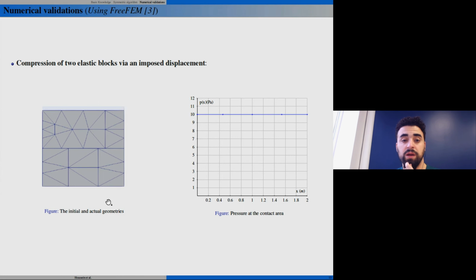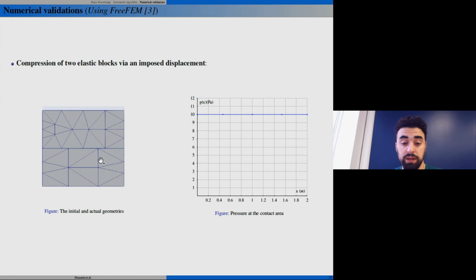All examples were done by using FreeFEM and also by using the software IPOPT, or the method IPOPT. Here we have a compression between two elastic blocks. Here we impose a downward vertical displacement on the top of the first body in order to make contact between the two bodies.